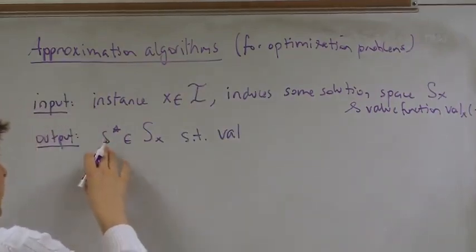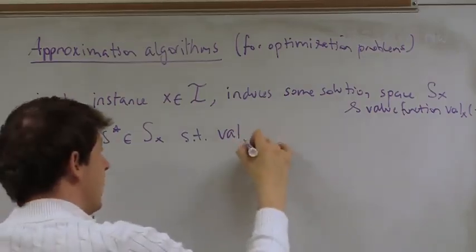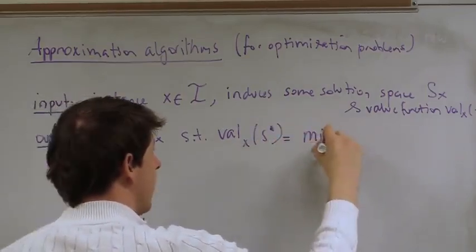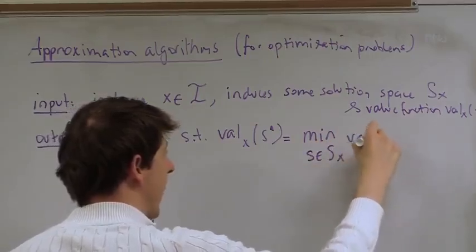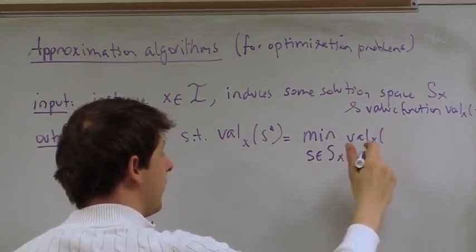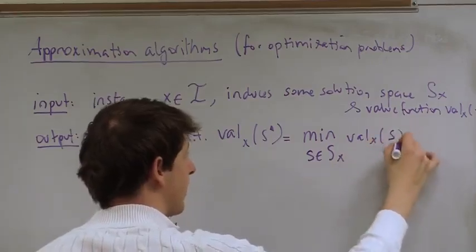So what you want to find is the best solution. Let's call it S star, which is the one such that its value is exactly the minimum across all possible solutions according to the value determined by this function, val of x.